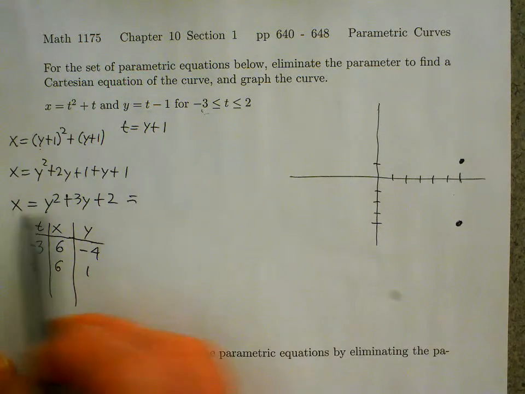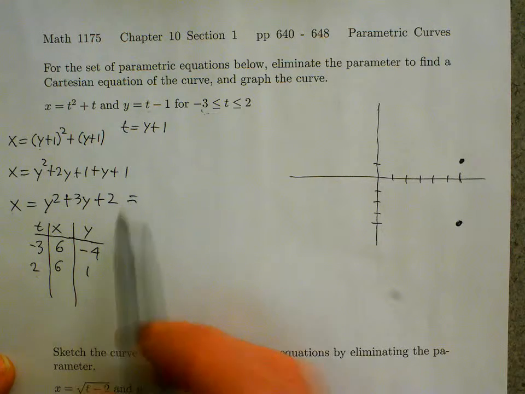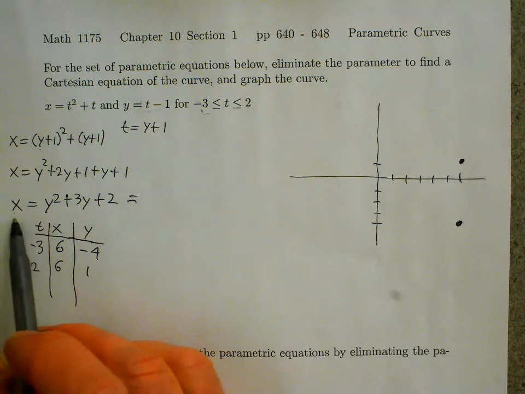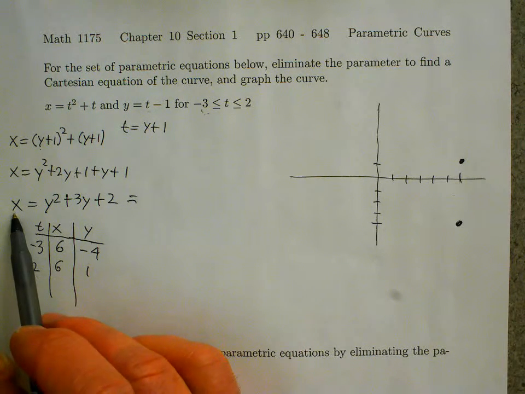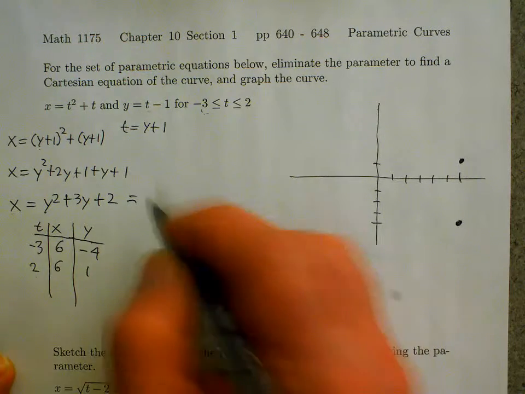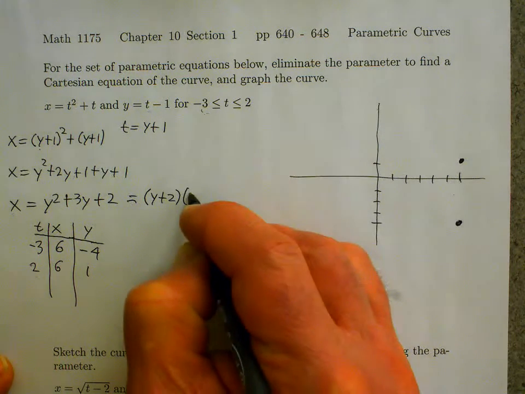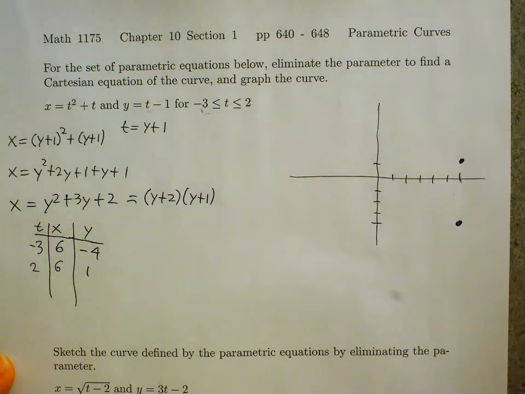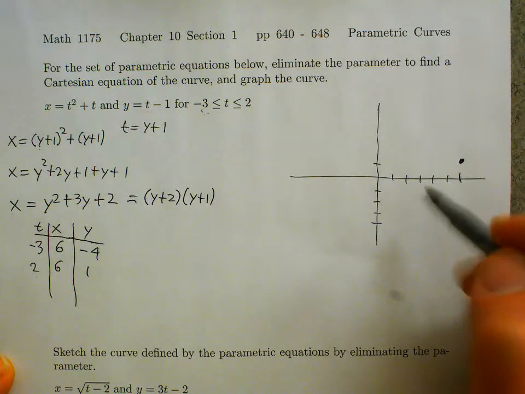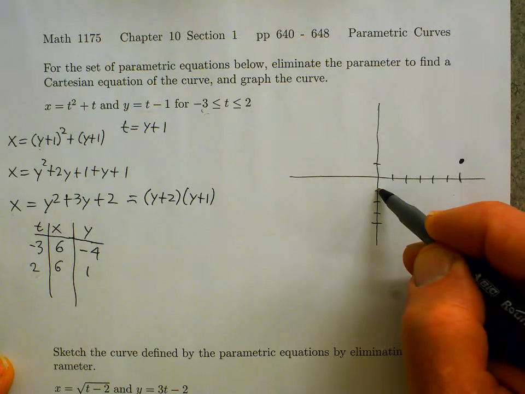So we can find the intercepts. So x will be 0 when y is -1.